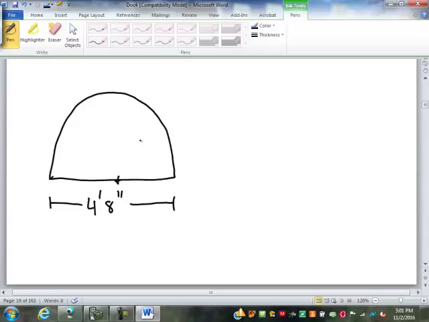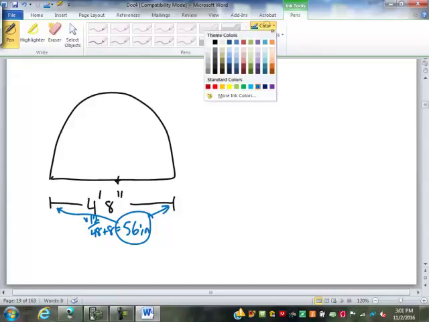We're going to have to multiply to find the circumference of the circle. So the first thing I'm going to do is change that all into inches. 4 times 12 is 48, plus 8 is 56 inches. So my diameter here is 56 inches.